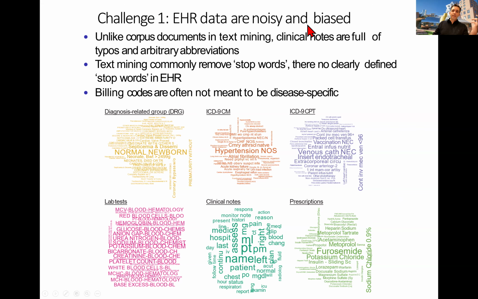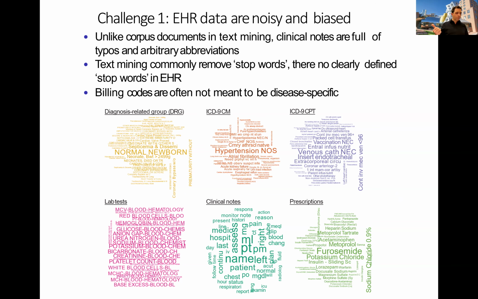You can basically say, can I discover groups of traits that are reflected in the blood tests that I have taken, or in the clinical notes, or in the prescriptions, or in the ICD-9 codes, or in the DRG codes. And the problem is that the data is very noisy by itself.